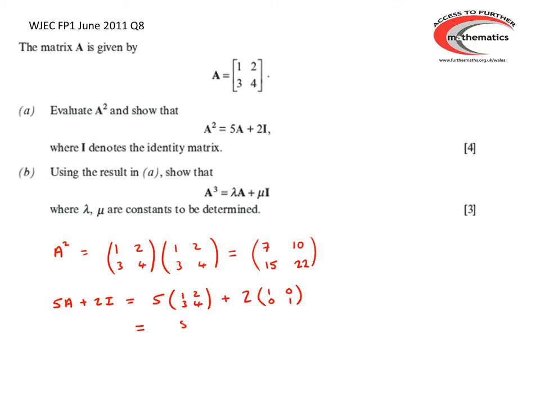So that is 5, 10, 15, 20 plus 2, 0, 0, 2, which is 7, 10, 15 plus 0 is 15, and 20 plus 2 is 22.